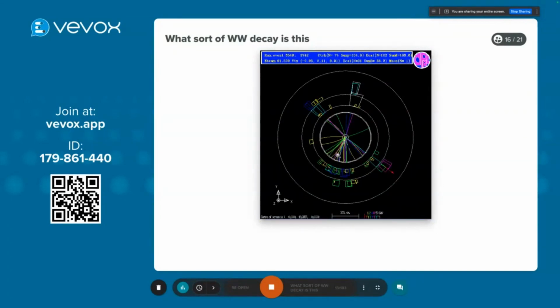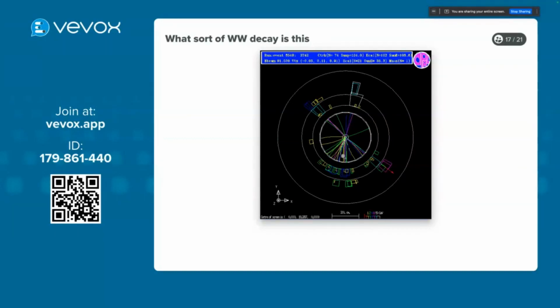Yeah, another one where it's not too easy to tell between double hadronic and mixed. Remember that a hadronic event leads to two quarks, which leads to two jets, whereas a leptonic event that involves a tau will lead to kind of one object that looks like a tau, either a single hadron or three hadrons, all pointing in one direction.